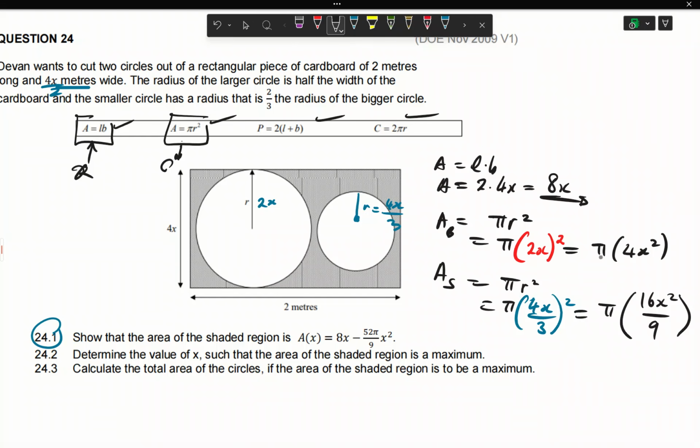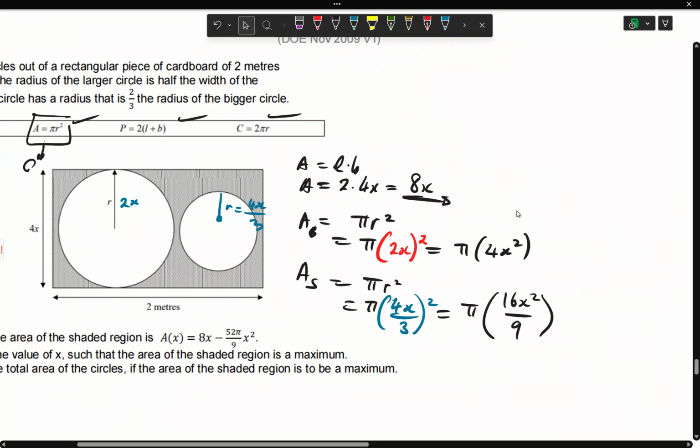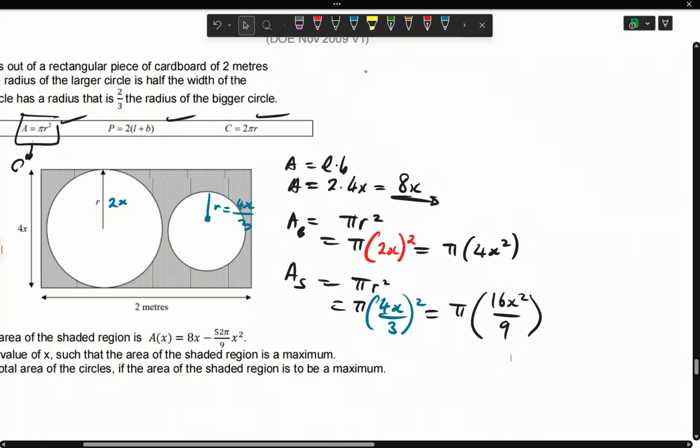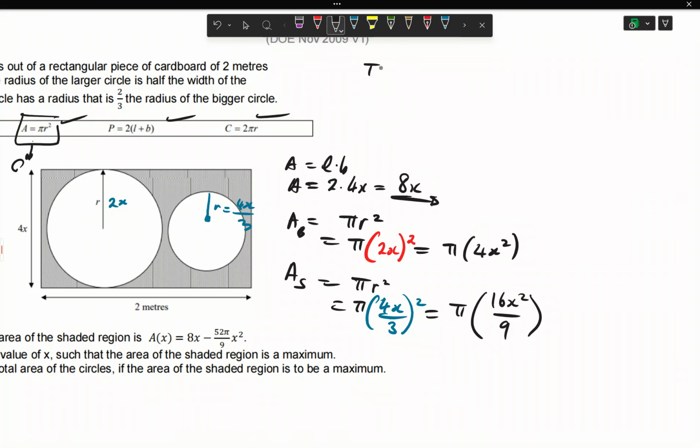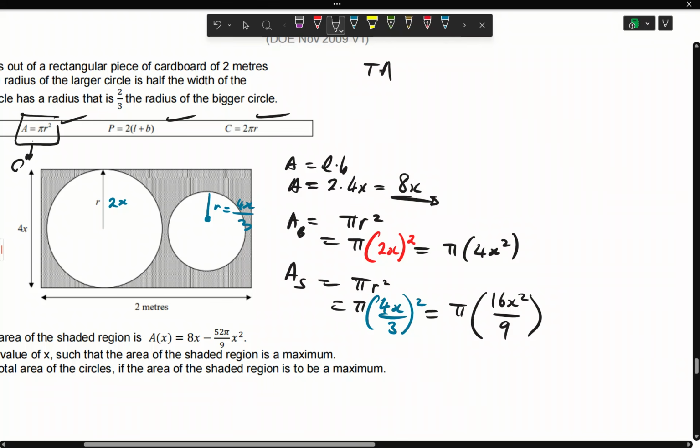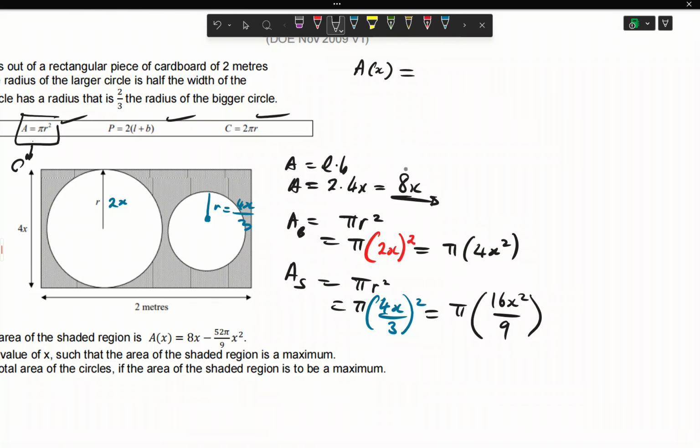So now I have to sum those two to get the total area. There has to be a function of x for these two circles.